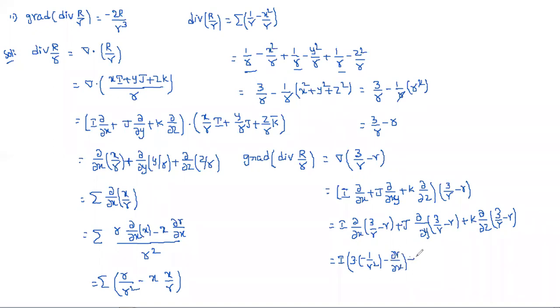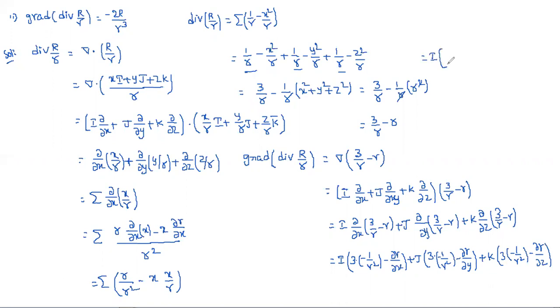Plus j, the same way with respect to y, 3 into the derivative of 1 by r, minus 1 by r square, minus ∂r/∂y, plus k into ∂/∂z of this, 3 into minus 1 by r square, minus ∂r/∂z.